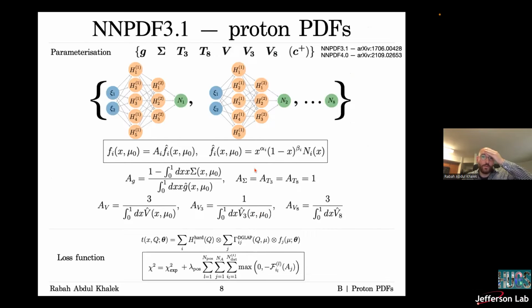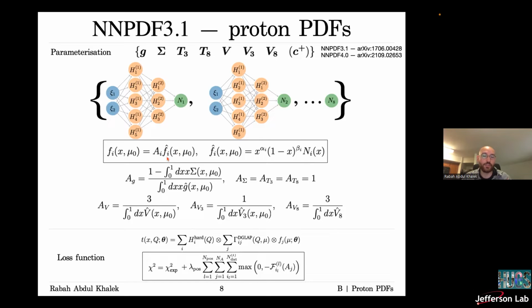One way, which is the NNPDF way, is to assign an independent neural network per quark flavor. So you have up, down, strange, charm, gluon. You define for these 5 or 6 different independent neural networks. It has this architecture for NNPDF version 3.1, but we don't care about that at this point.